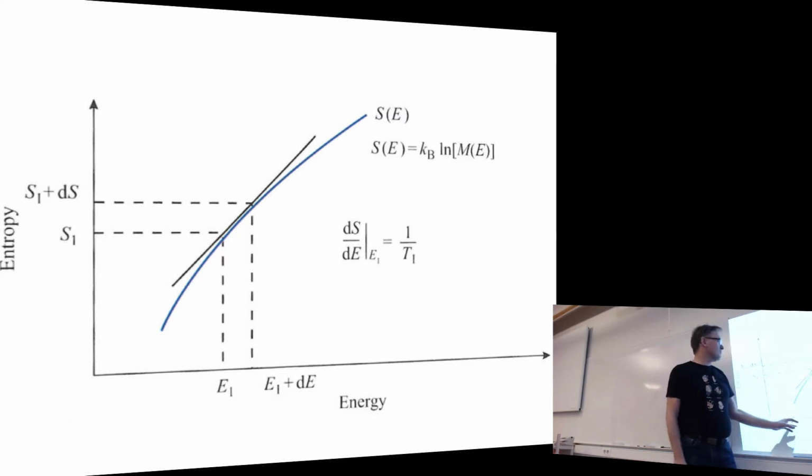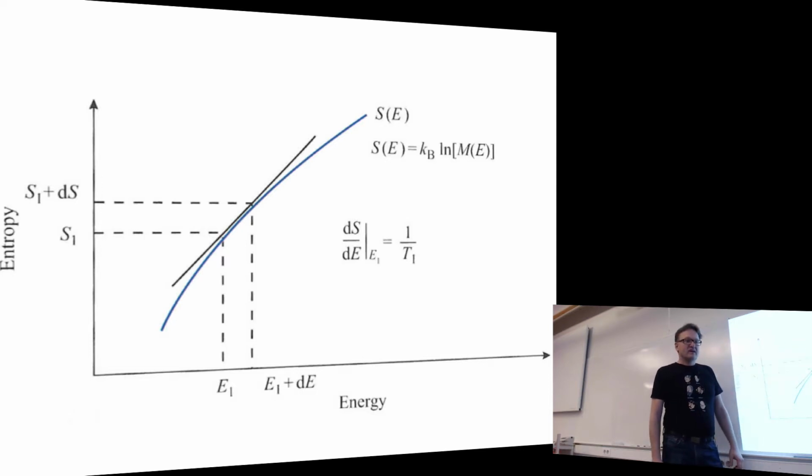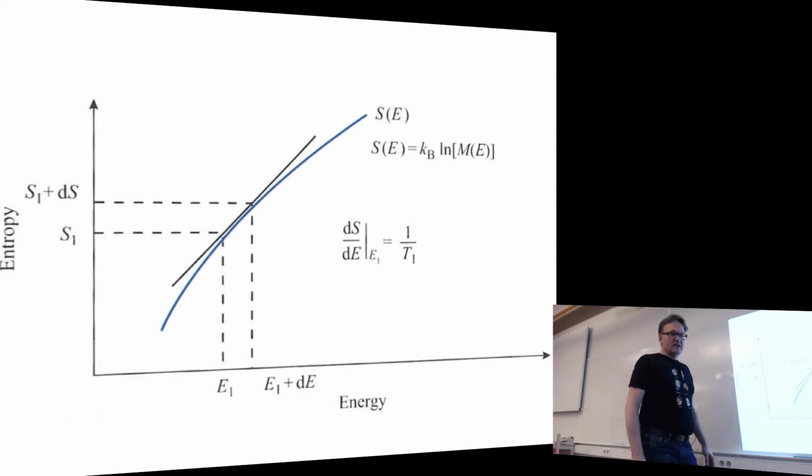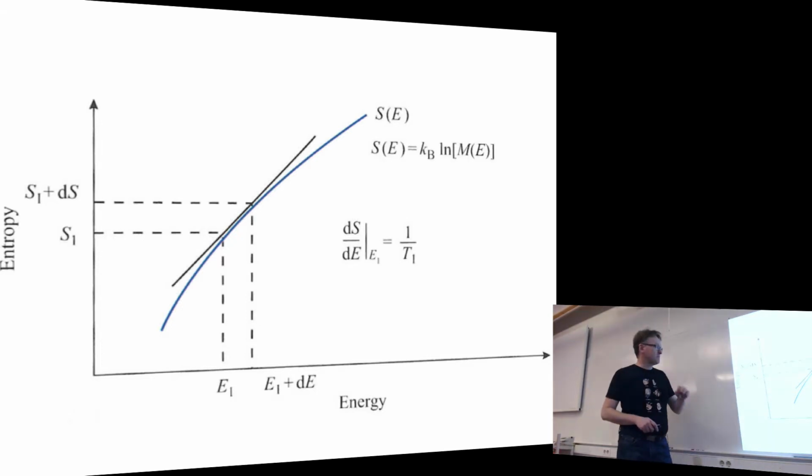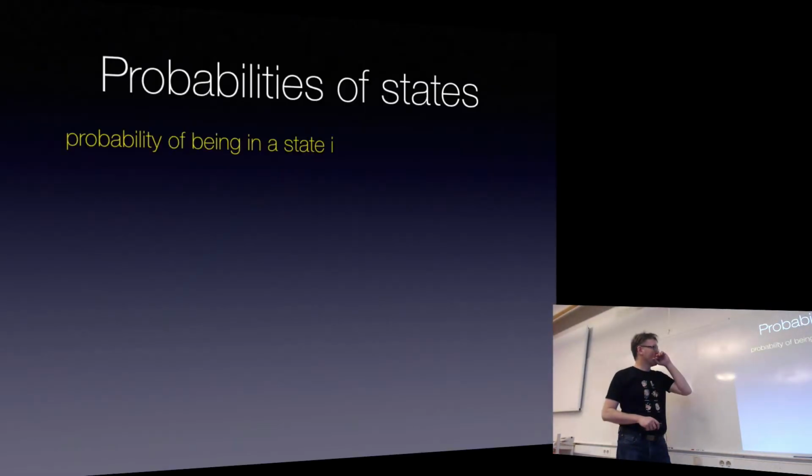So while we are on this blue curve, at a given temperature, this tangent represents the best free energy we can be at a specific temperature. And for this to work, we need a very large system so that you can start to talk about some continuum or something.